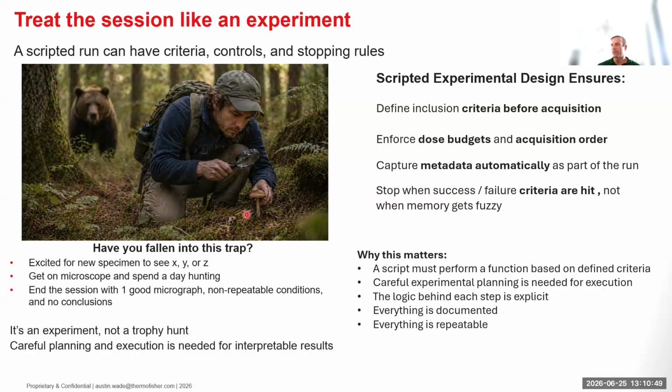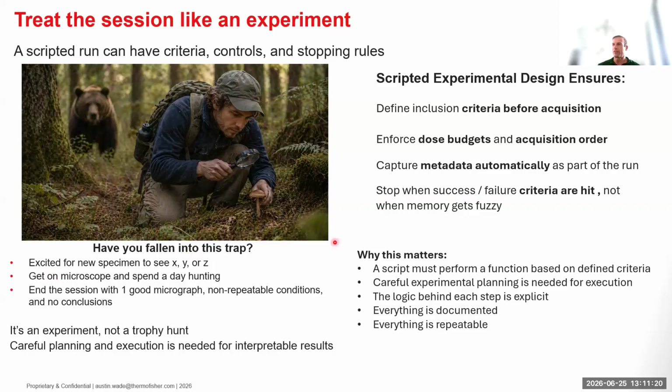A scripted experiment changes the mindset completely. Before the acquisition even starts, we define the inclusion criteria, what makes a region worth measuring. We also define the acquisition order, the allowable electron dose that we want to use, and the conditions that determine whether the experiment should continue or stop. The script then executes that experimental plan consistently every time.